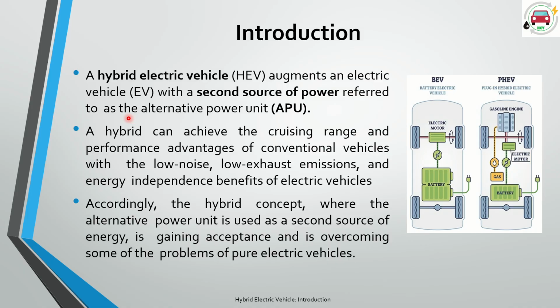They are using only the engine, so gasoline engines, IC engines, CI engines, as the main and single power source. Okay, which is going to have noise, emissions, and air pollution also.